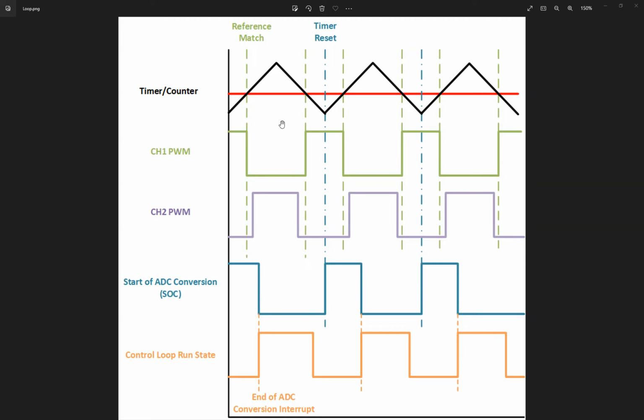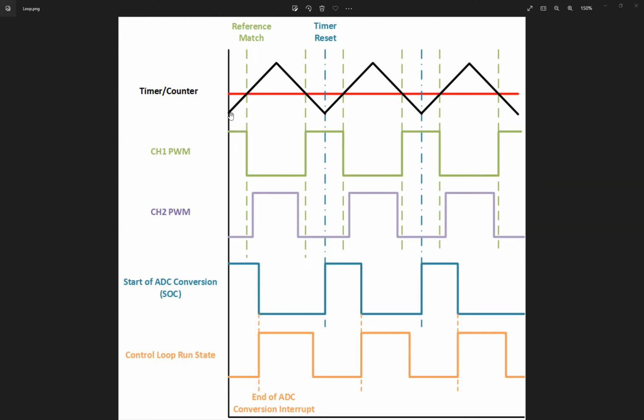So what we do is that, as we all know, we have a triangular reference signal in power electronics on the basis of which we can generate a PWM. So this black curve is the reference triangular wave.